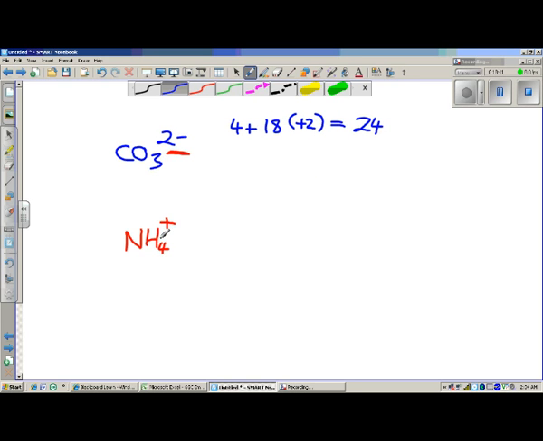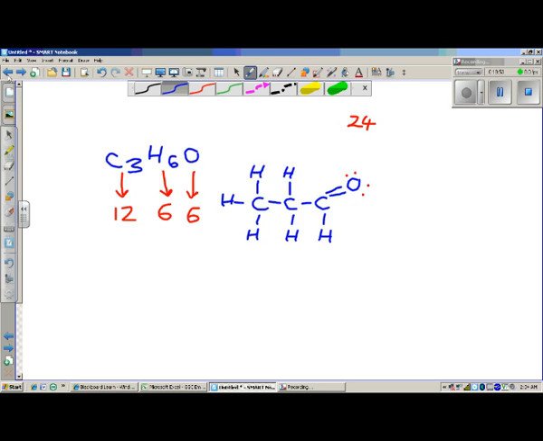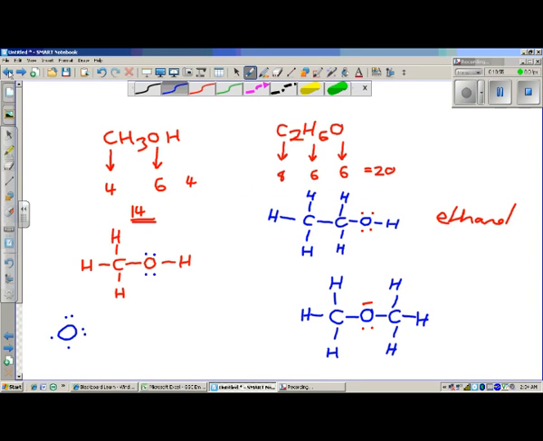Let's go down here. Nitrogen is in group 5. There are 4 valence electrons, giving you a total of 9. Now, you've seen so far that in every case where we drew out a structure, we added our electrons in pairs, because each bond is a pair of electrons, each lone pair is a pair of electrons.